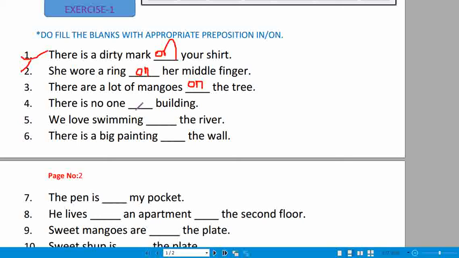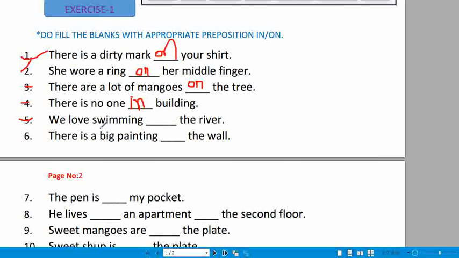Question 4. There is no one dash the building. That is, there is no one in the building. In means inside, enclosed. Here in means enclosed by.